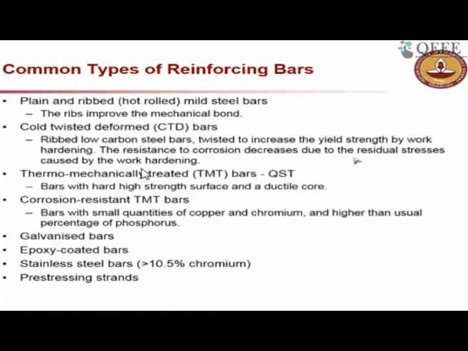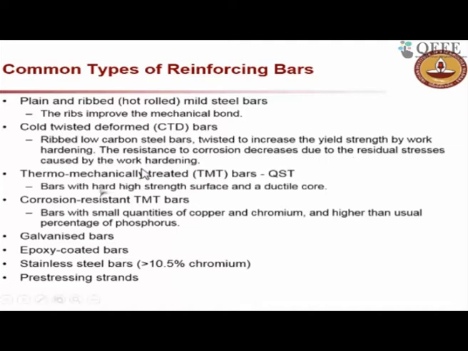So they slowly switched to a new type of steel called thermomechanically treated, or TMT rebars. The correct technical term for this is quenched and self-tempered steel, that is QST. We will see later how that bar is produced and what are the issues associated with those bars also.